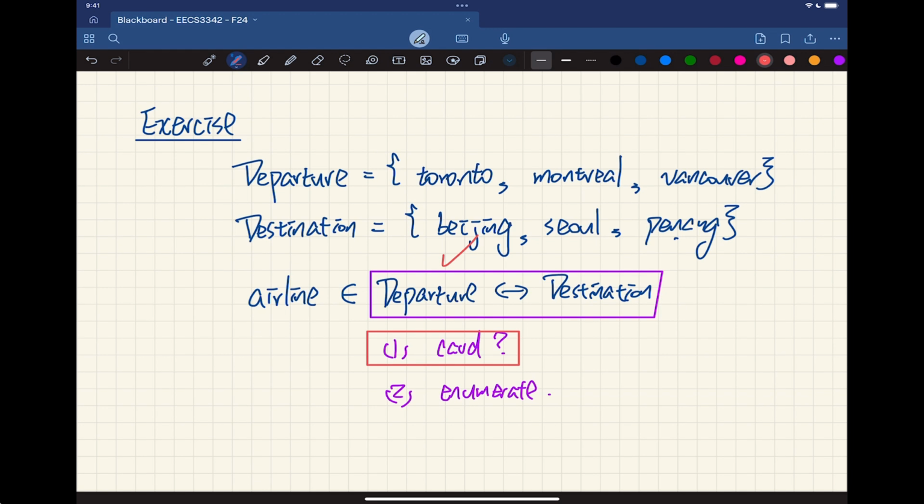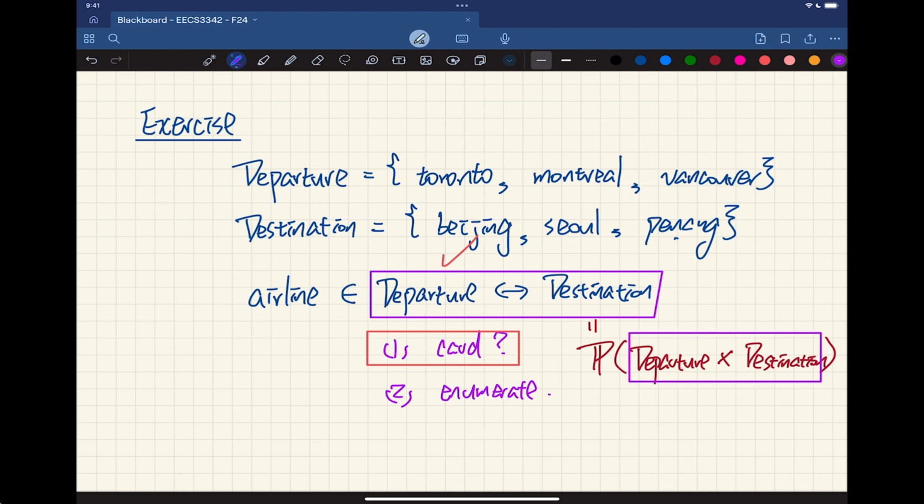Okay, let's see. This one here, by definition, is the power set of departure cross product destination, right? That's what we said on the last page. And what will be the cardinality of this? 3 times 3, right? 9.